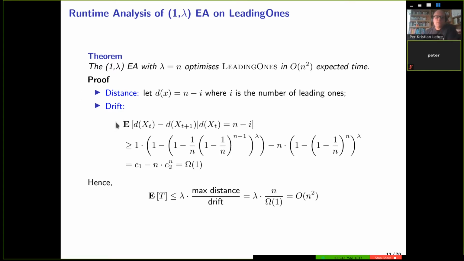Okay, so what is the drift in this case? So the drift is how much on average we change the distance. Okay, so let's assume now that the current distance is n minus i.